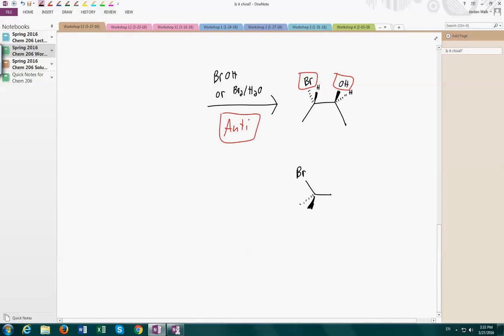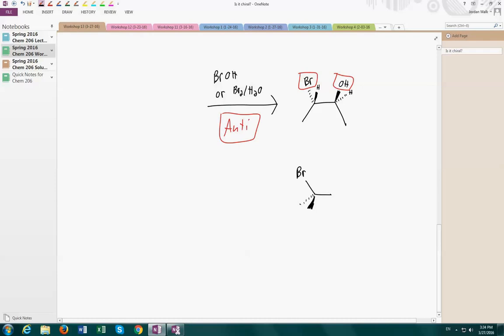And so if we rotate that bromine, let's think about where it is up here. It's pointed up, and it's kind of pointed back, right? And so how do I rotate that bromine to be in the plane now? I'll just rotate it forward, just a little bit like that, right? So it was back here, and so I'm rotating it now that it's straight up and in the plane. And so that hydrogen, or really it might be easier to think about the methyl. So here's my bromine, right?